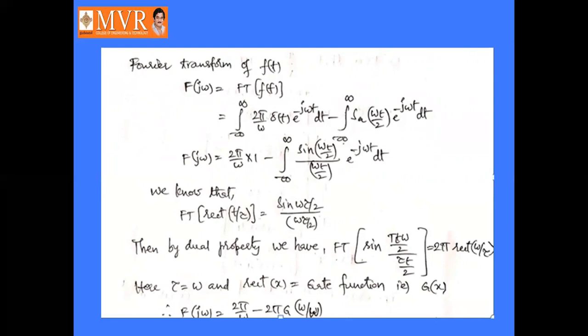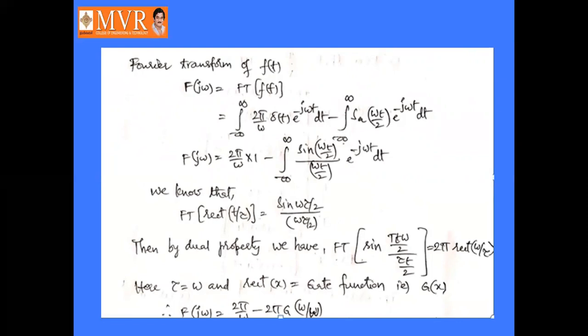So F of j omega: delta of t is the impulse function which exists at t equal to 0, so it is 2 pi by omega into its value at t equal to 0, which is 1, minus the integral from minus infinity to infinity.